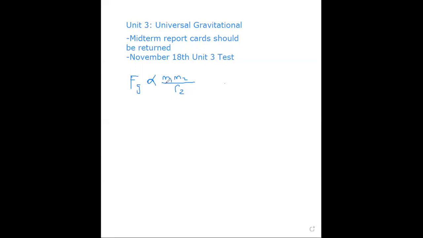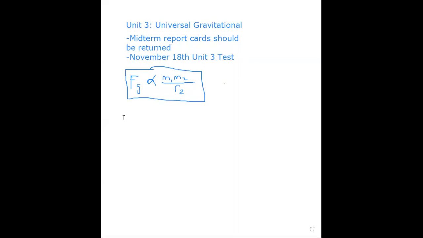The reason why we divide by r squared is because you measure the distance between the centers of the objects, but in this case all the objects in space are circular, so that's what we use for radius. So this formula was important when it boils down to universal gravitational questions.